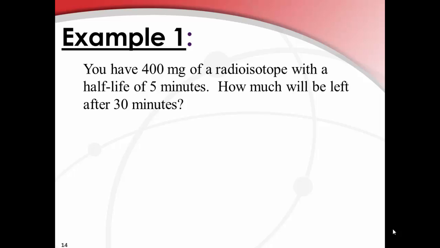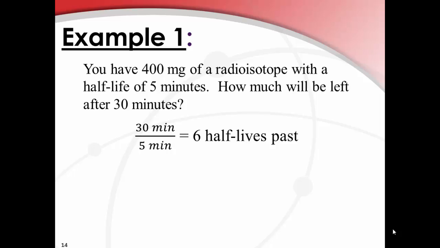So if I can determine the number of half-life periods that have gone by, I then could keep dividing by 1/2 until I reach the number of half-lives that have gone by. So to determine the number of half-lives that have passed, we're going to take a total of 30 minutes divided by 5 minutes to get 6 half-life periods passed.